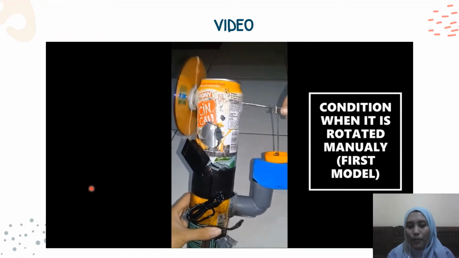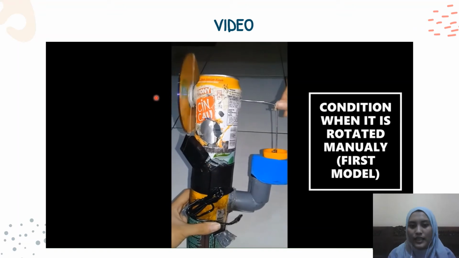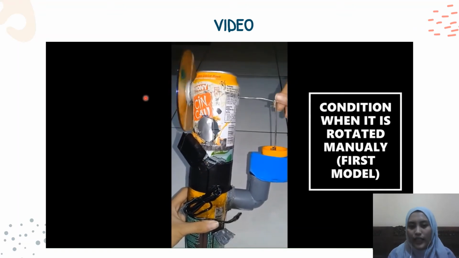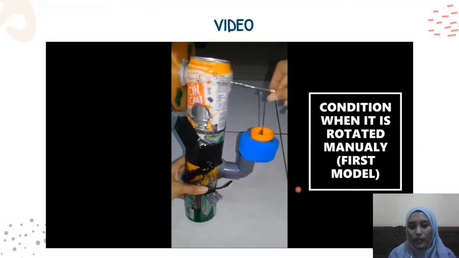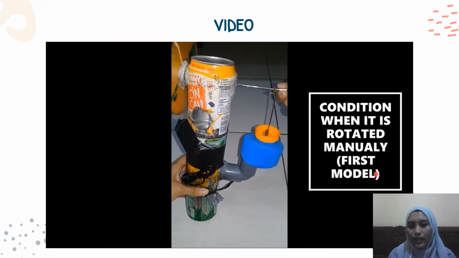However, in both of the models, we cannot see any rotating during the heating process. So we rotate it manually using the hand. This is the first model.